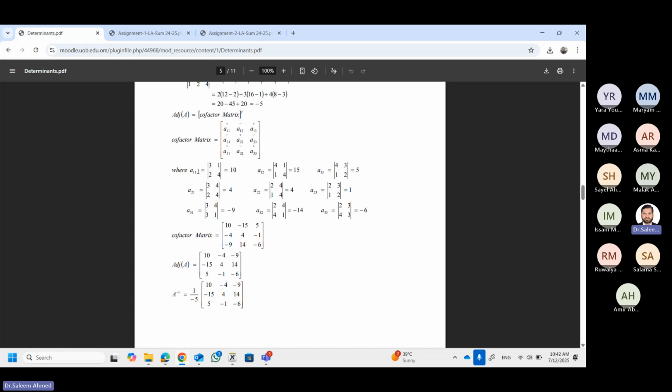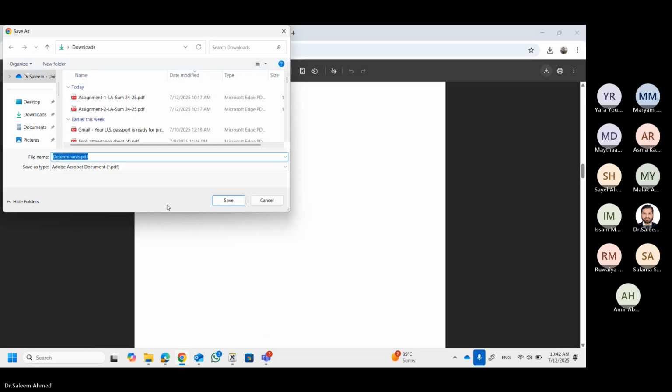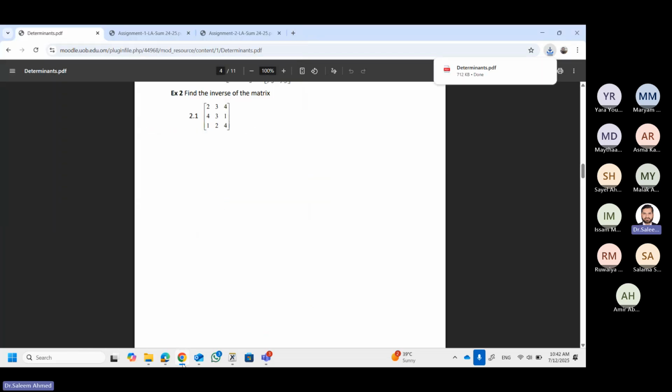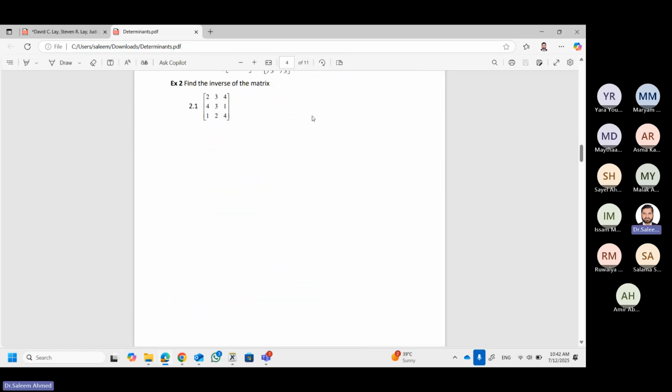So cofactors are basically C11, C12, not A11, A12. So these should be C. Okay, C11, C12, C13. Cofactors are C, C, C. Let me see if I can open this. I can do it here.